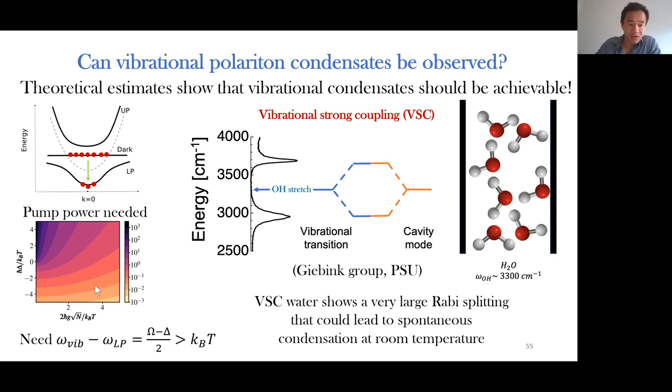So in this region the Rabi splitting is moderate, but the lower polariton is more photon-like. And for water, people have seen huge Rabi splittings. This is not surprising because water is by definition very concentrated at 55.5 mole per liter, so no wonder you have this huge Rabi splitting.